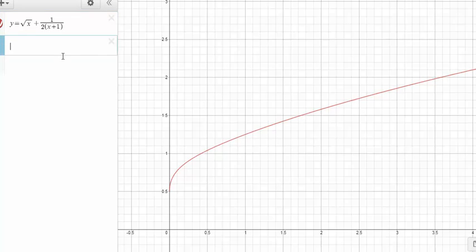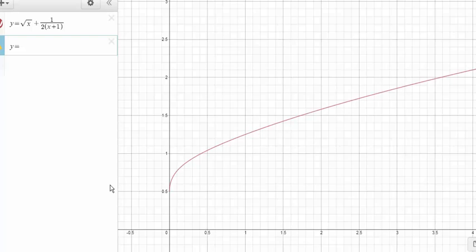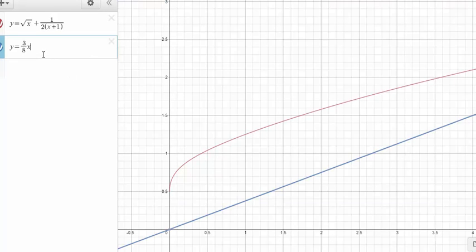So let's go ahead and plug in our answer and see if that's actually tangent at that point. The solution that I got was y is equal to 3/8 x plus 7/8. So let's plug that in: y is equal to 3/8 times x plus 7/8.